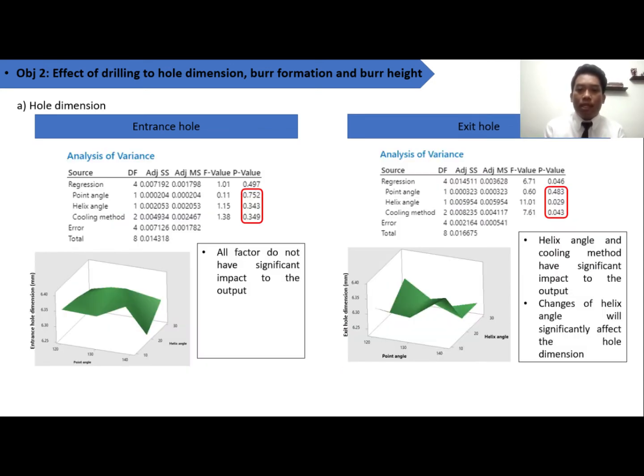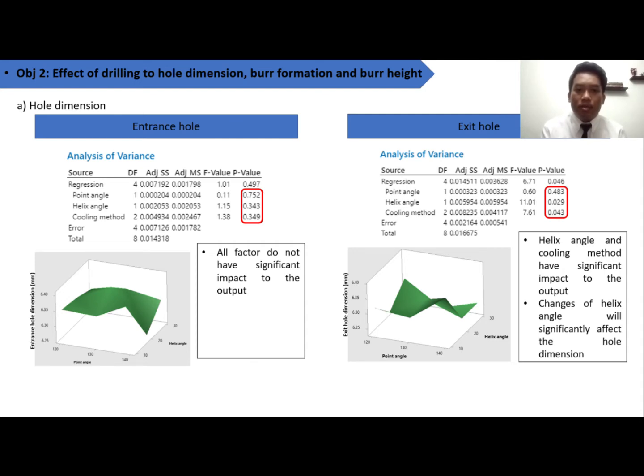Based on analysis of variance, for entrance hole, the point angle, helix angle and cooling method do not have a really significant impact to the entrance hole dimension value, while on the exit hole, the significant parameters are helix angle and cooling method, while point angle does not really have a significant impact to the outcome of the hole dimension measurement.